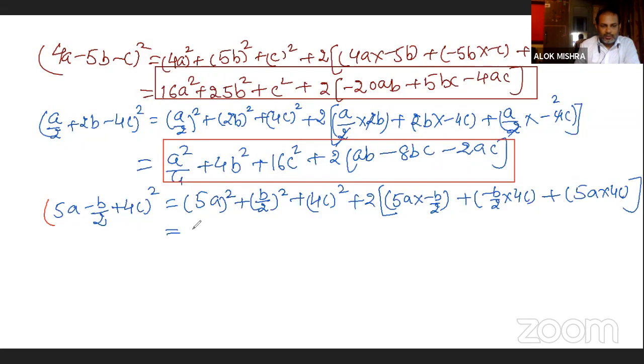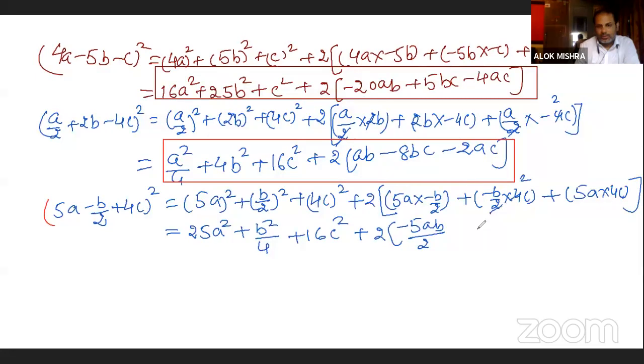So I get 5 5s are 25a square plus b square upon 4 plus 4 4s are 16c square plus 2. Now this is minus 5ab upon 2. Nothing is getting cancelled, so I'll have to multiply the numerator and the denominator. This term is getting cancelled, 2 to the 4. So this becomes minus 2bc plus 5 4s are 20ac.